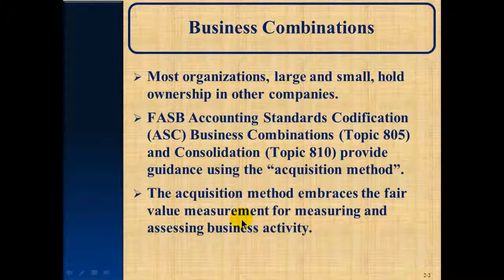What you pay, the actual cost you paid for an item versus what the market value might be, which could be less concrete. But we do get into market value and fair value, as I'm using those terms synonymously, when we talk about business combinations. So two things: we have the acquisition method, and it is fair value based.